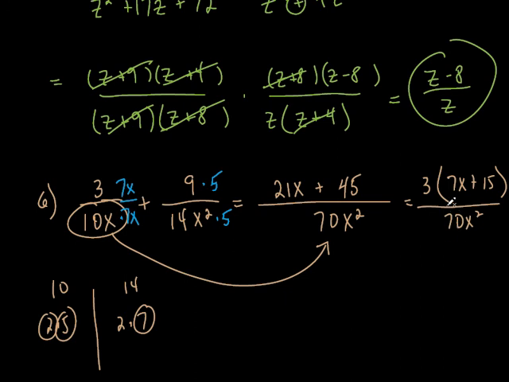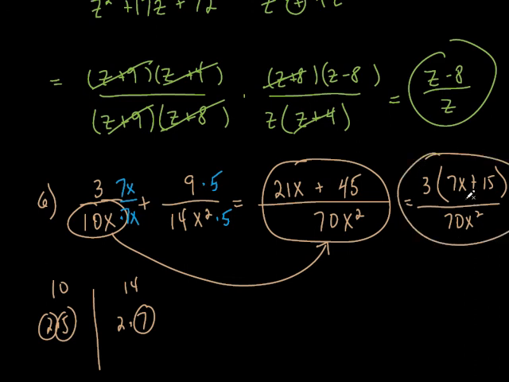Because if this 70 was divisible by 3, then the 3 would have to cancel out. So that would be important to factor it out. But in this case, 3 doesn't cancel out with 70, so you could have kept it just like that if you really wanted to. And the book wrote it like this, okay? You could keep it like that as well. I would be fine either way.